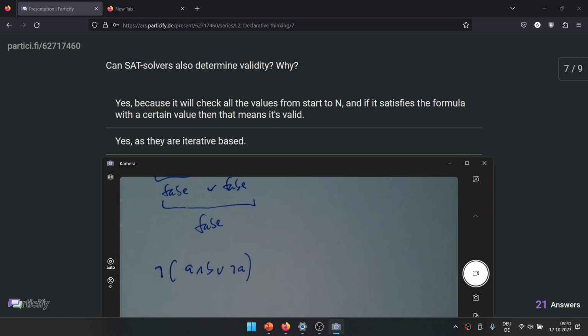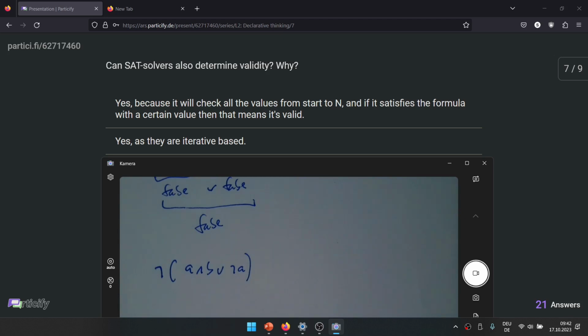then what does it mean? Then it's valid, right? If it doesn't find a solution, then there's no way to make this inner thing false. So it means the formula is valid. And that's exactly how we can use a SAT solver to check validity: by negating the formula and then checking that we really get no solution.